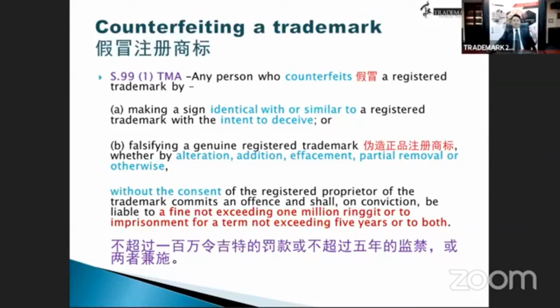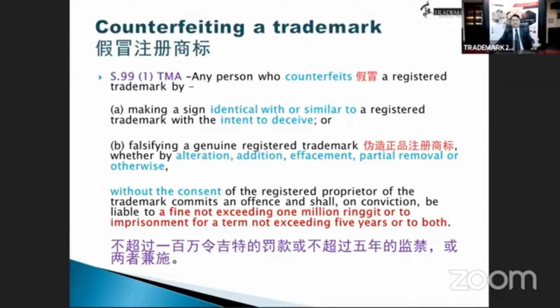No counterfeiting, all right? Example, you take a branded sports shoe, and you just copy it and make identical products out of it. That is counterfeiting. That is illegal. That is criminal as well under Section 99 of the Trademark Act 2019.